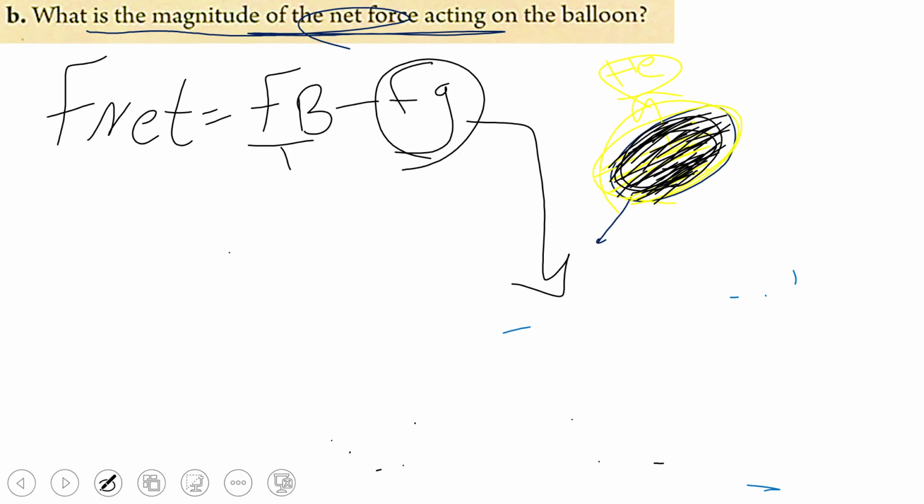Look, there is no Fg. We don't have Fg. Find Fg by this rule. Fg equal to mg. So the mg becomes mass of the balloon plus mass of the helium.